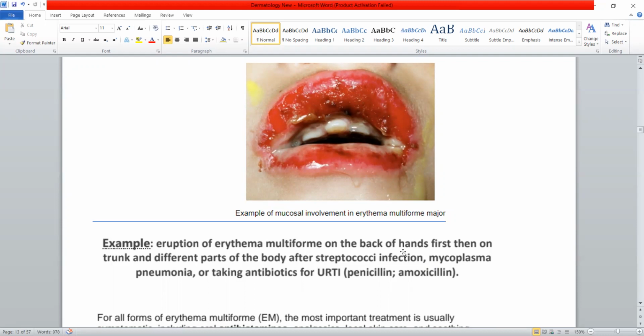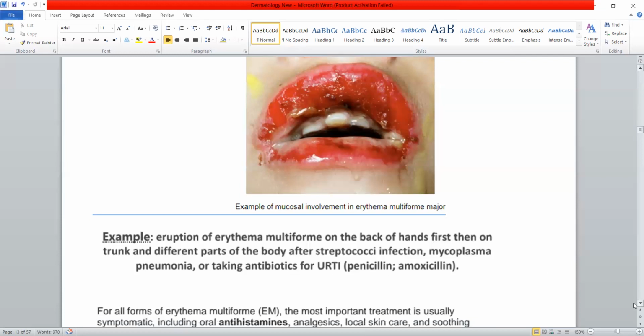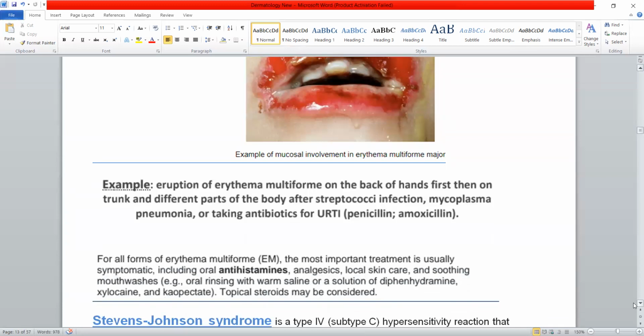Guttate psoriasis, erythema multiforme, and pityriasis rosea can develop in patients with a history of sore throat or upper respiratory tract infection. Mycoplasma pneumonia can also lead to erythema multiforme, and antibiotics for upper respiratory tract infections such as penicillin and amoxicillin can also lead to it.